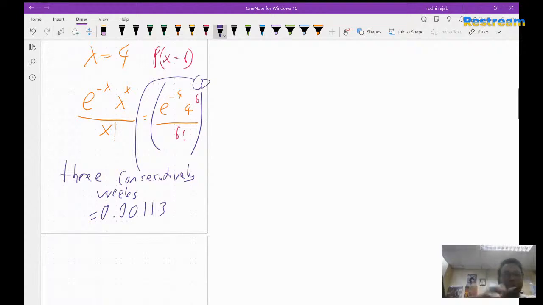Do you do the bracket? Remember, this 3 needs to be outside the bracket. Yeah, we got it. You can post gambar dan group.